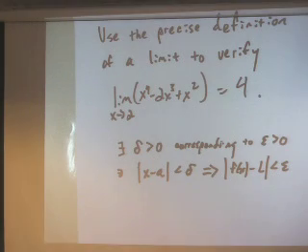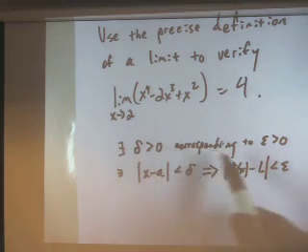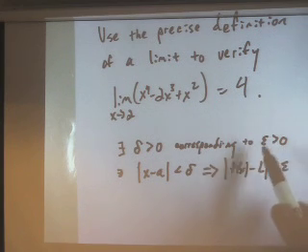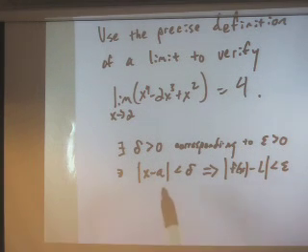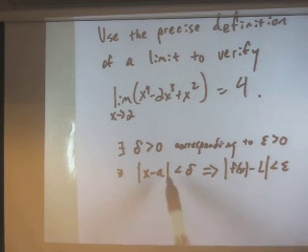That's what the definition says. The definition says that there exists some positive delta that corresponds to any arbitrary positive epsilon, such that this inequality implies this inequality.